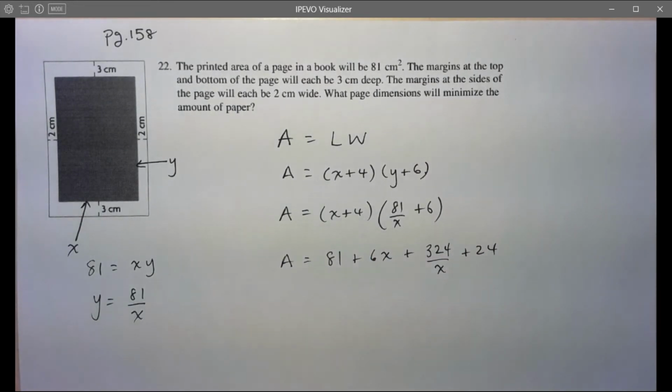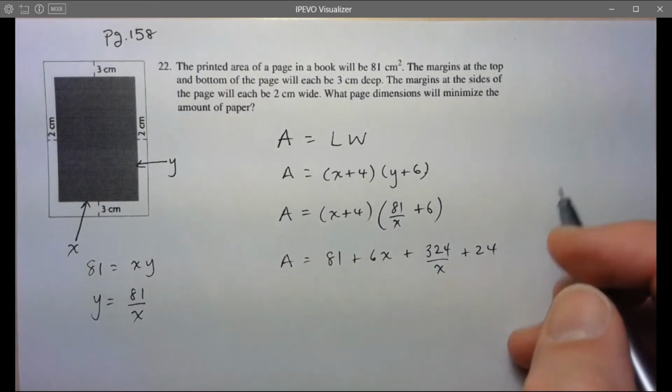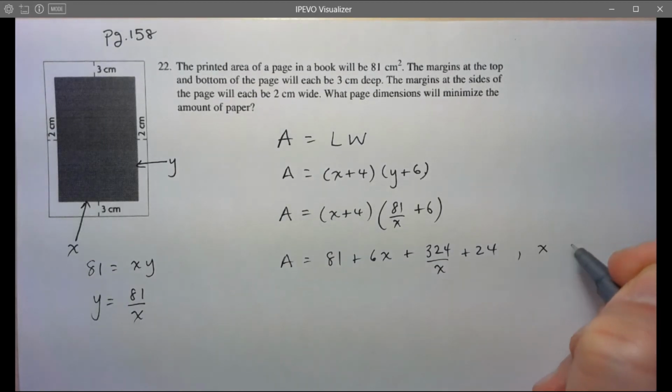All right, and let's think about what our domain is going to be here. Here I know I need X to be strictly greater than 0.